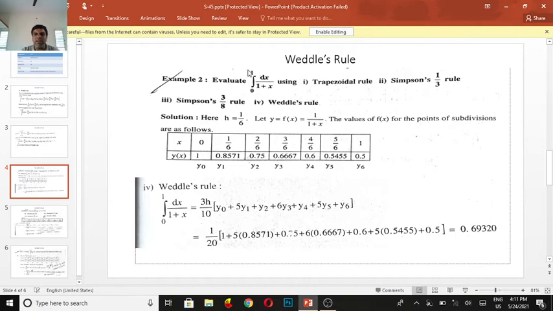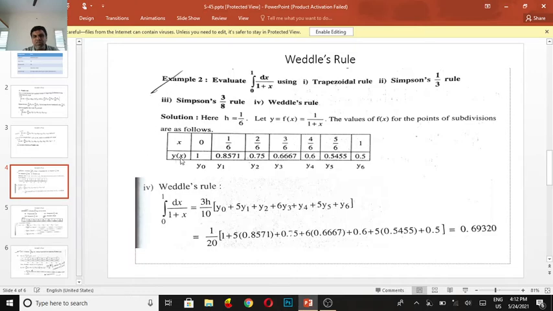If we take a small interval, that is, the number of intervals to be 6, we take 1 by 6, 2 by 6, 3 by 6. So x is 0, 1 by 6, 2 by 6, 3 by 6, 4 by 6, 5 by 6, and 1.